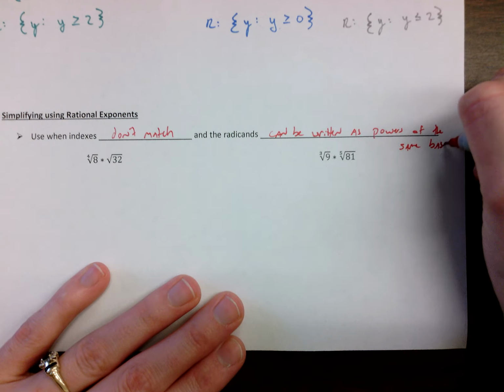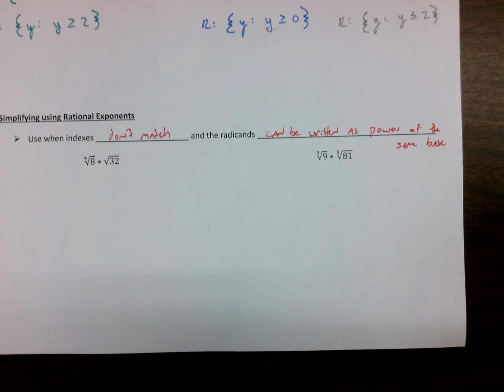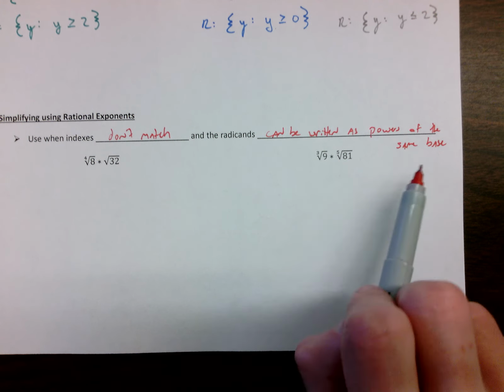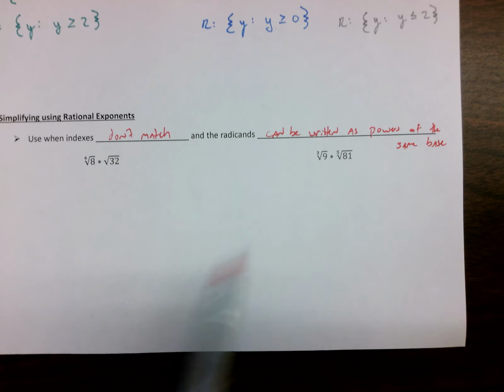I apparently did not give myself enough room to fill in that blank. So when the index numbers don't match, but the radicands can be written as powers of the same base.